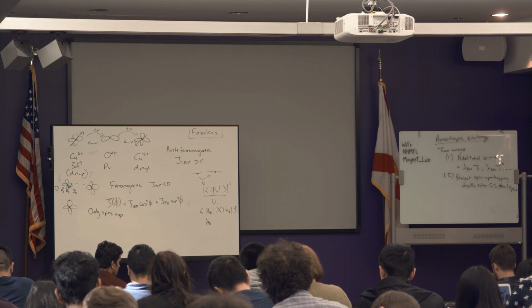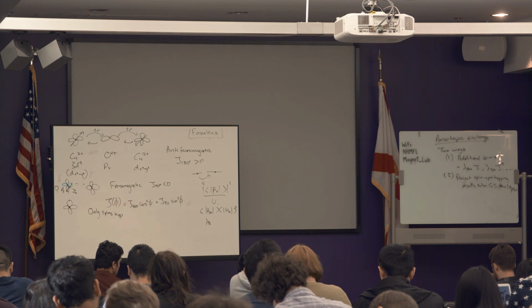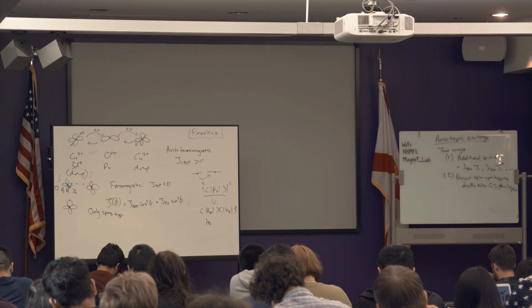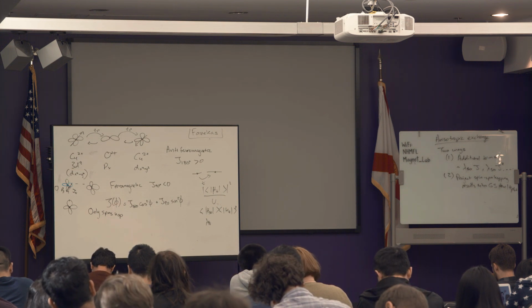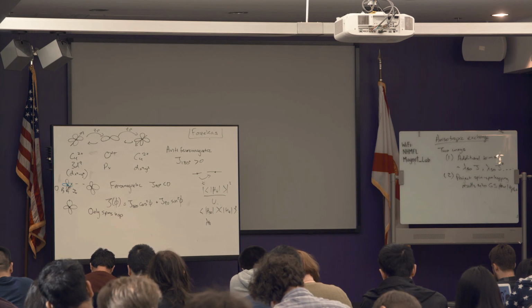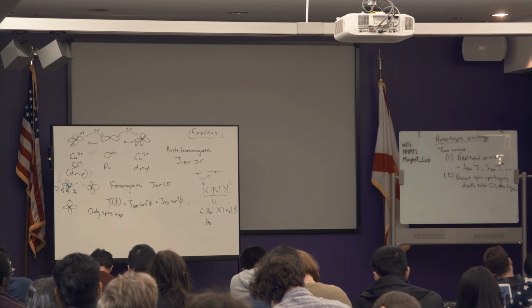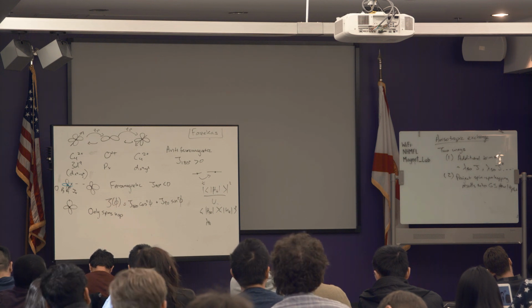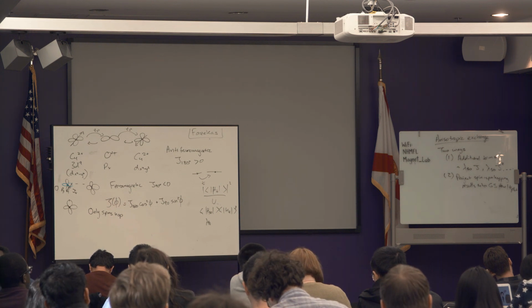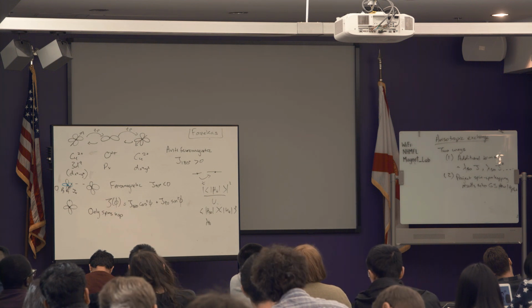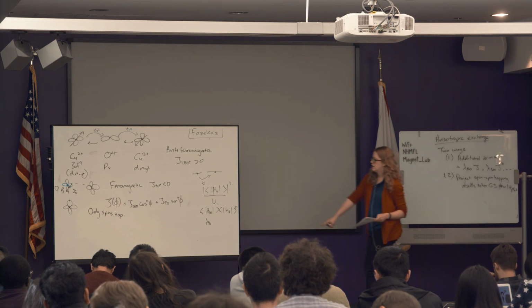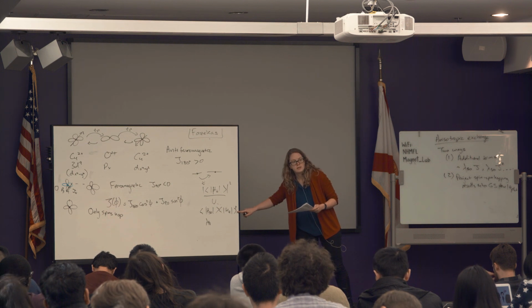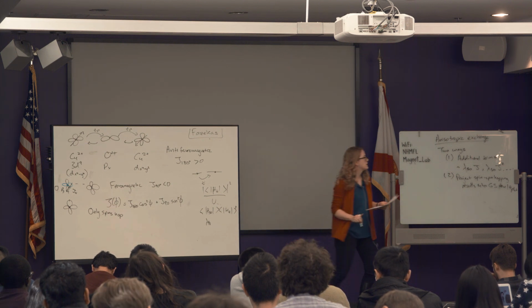So Dzyaloshinskii-Moriya is an off-diagonal antisymmetric exchange. And this comes in at the order of your spin-orbit coupling times J. It comes essentially from a term in your generalized superexchange that looks like this.